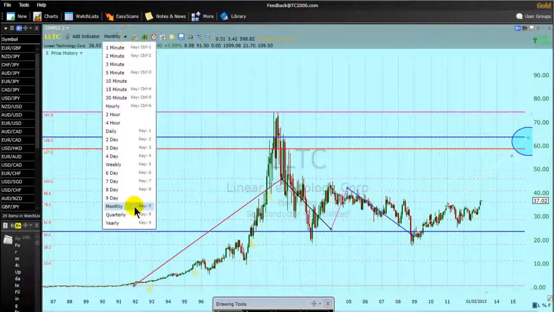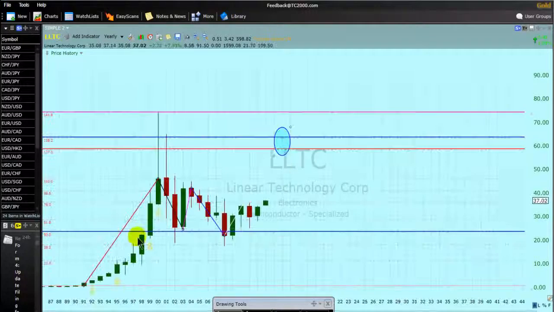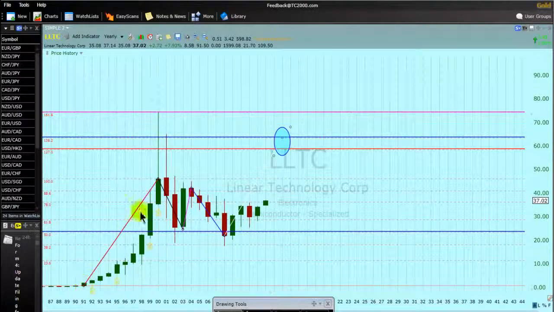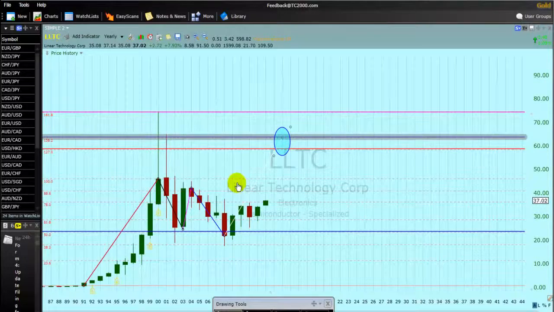Because on the yearly time frame here, we have the first wave from here to here, and the second wave from here to here. With these two waves, we can forecast what this stock is likely to do. Alright? We can forecast it.